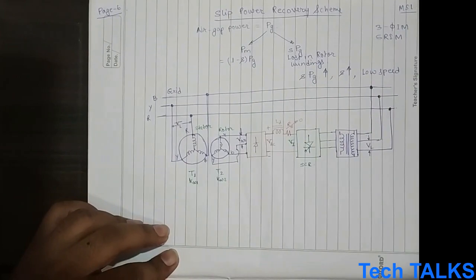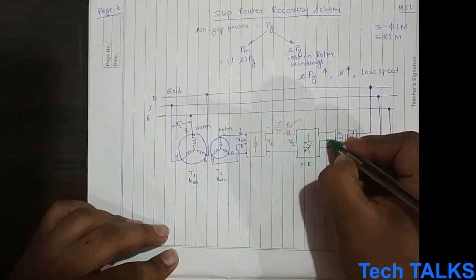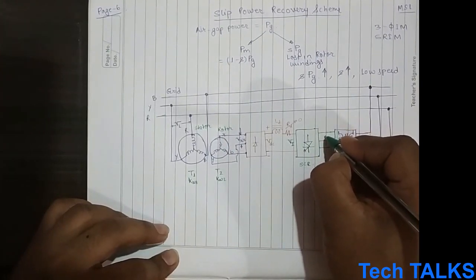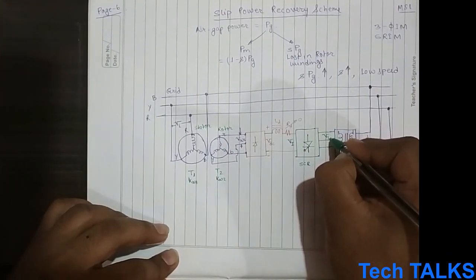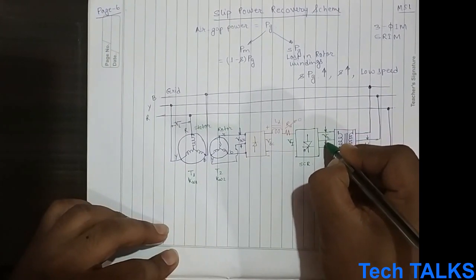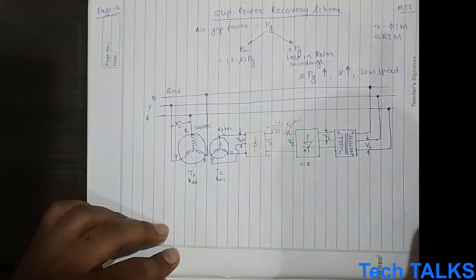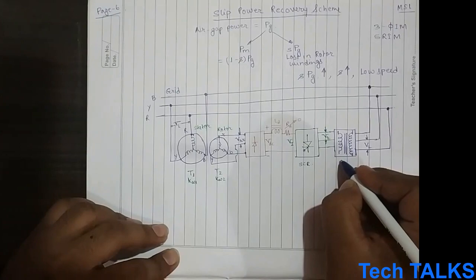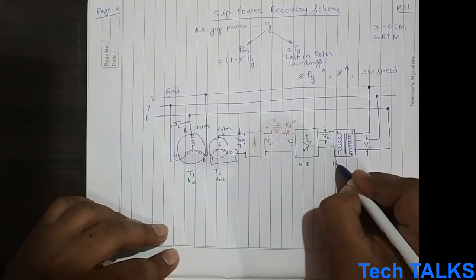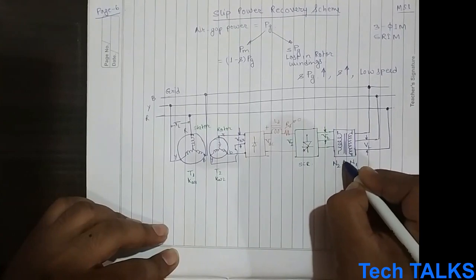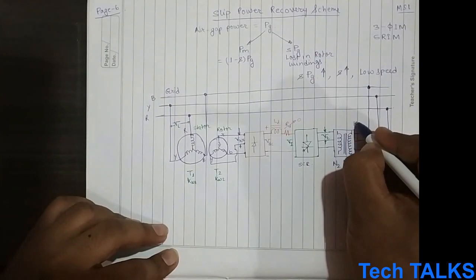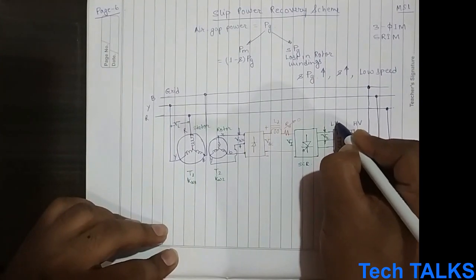Similarly, this line to line voltage we will be referring to as VT. All these are line to line voltages, and the turns ratio for this transformer is N2 by N1. This side is the high voltage side, and this side is the low voltage side.